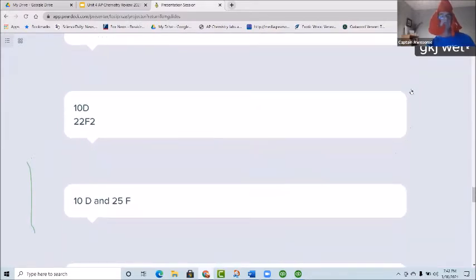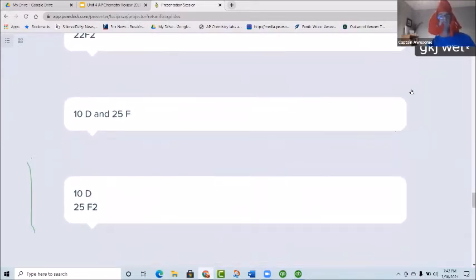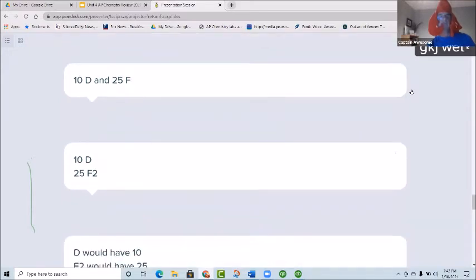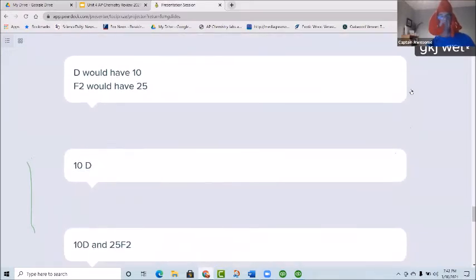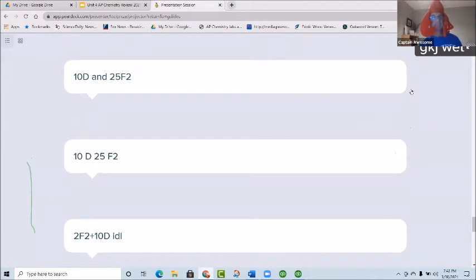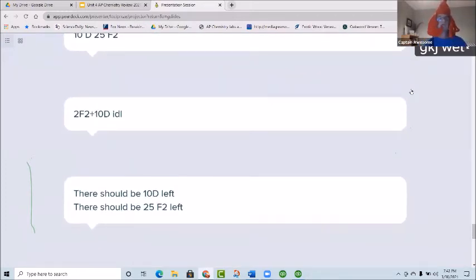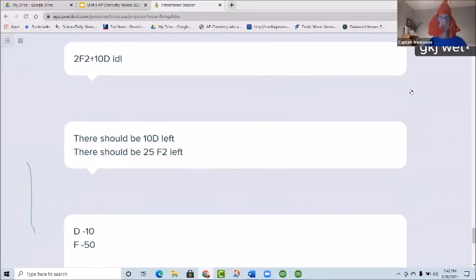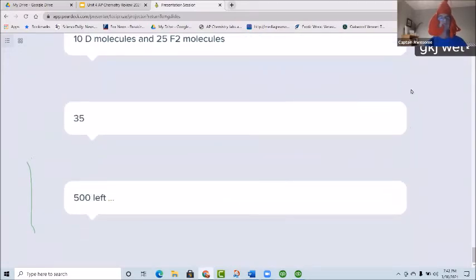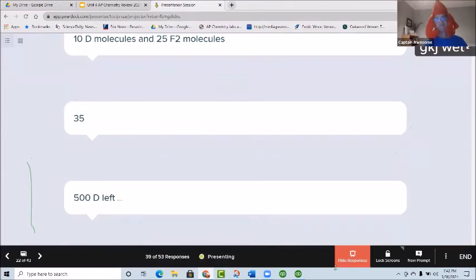I don't know. Somewhere in Alabama. 10 and 22. And I know some of y'all hurried. So if you get it wrong, it's okay, as long as you're in the right ballpark. Some of y'all are saying 10 and 50. All right. 500 D left. Okay. I don't think you meant 500.